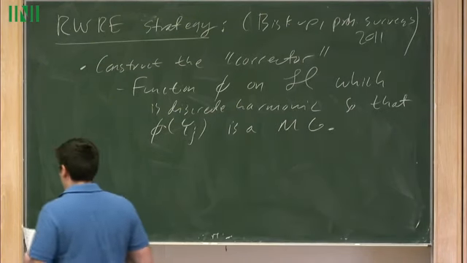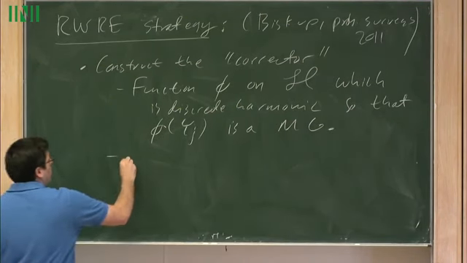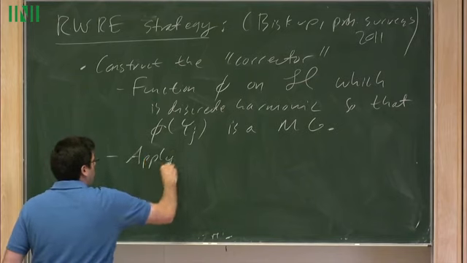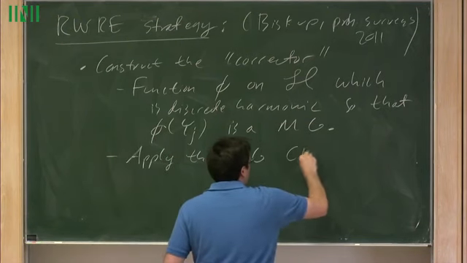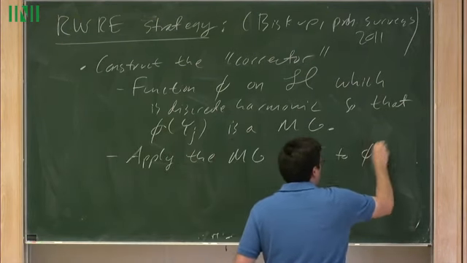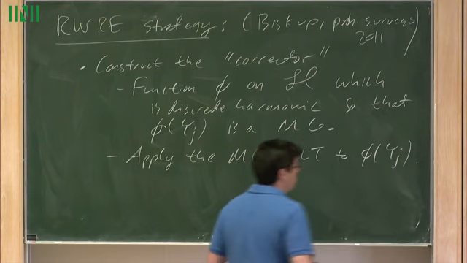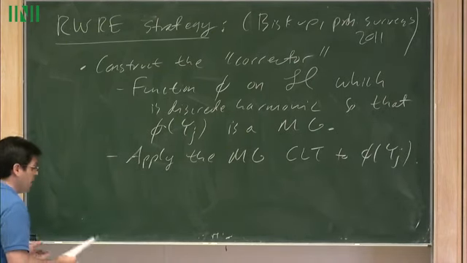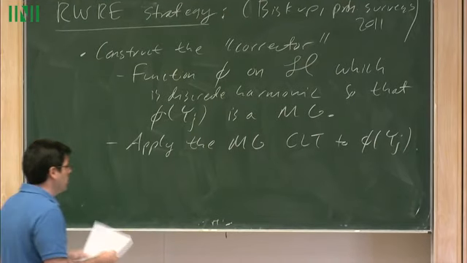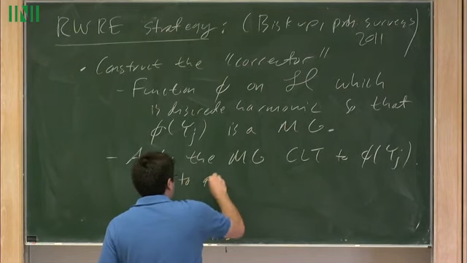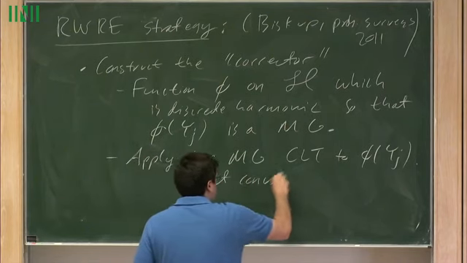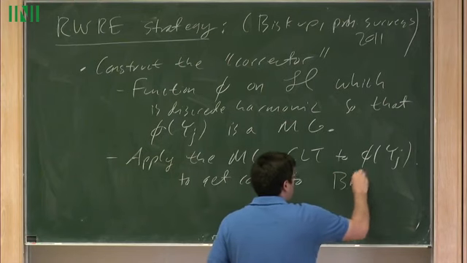Okay? And once you have a martingale, you can apply the martingale central limit theorem to phi of y_j to get that it's going to go to a Brownian motion. So this gives you convergence to your Brownian motion.